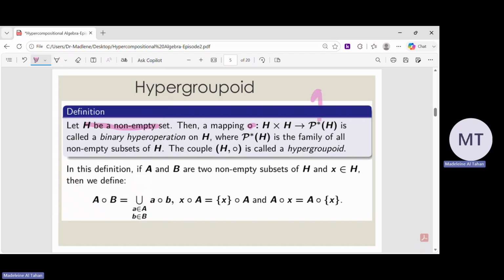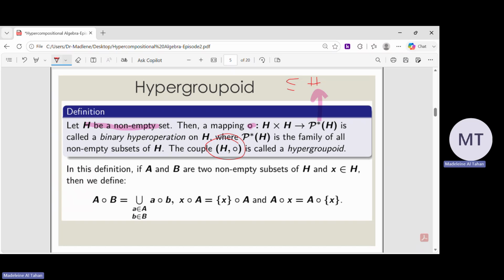Power star of H is the set of all subsets of H without the empty set. We call this a binary hyperoperation, and the couple H with circ, we call a hypergroupoid.